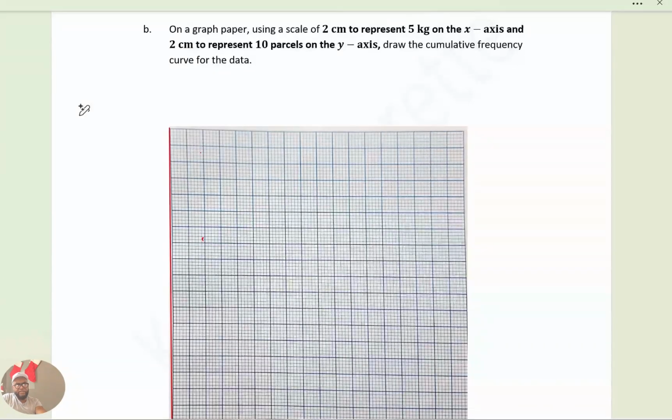Here will be the y-axis. I'm going to put my scale here. Scale would be 2 centimeters to 5 kg. This will be the x-axis.